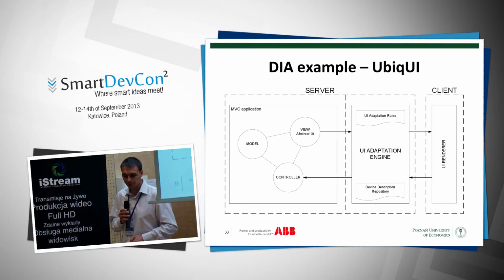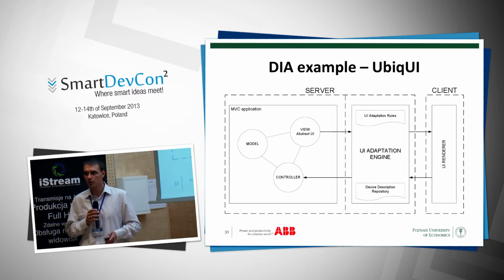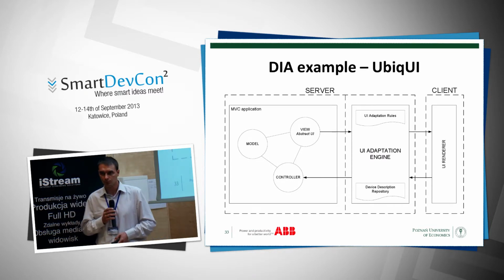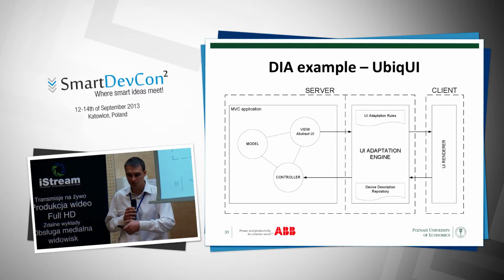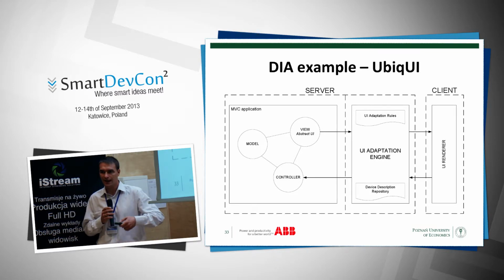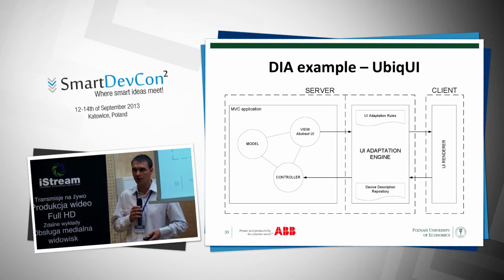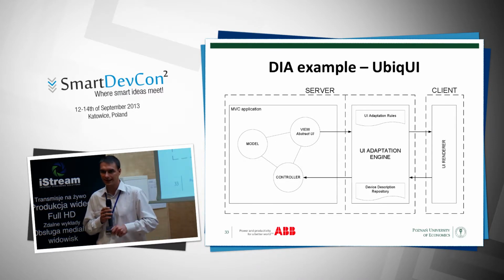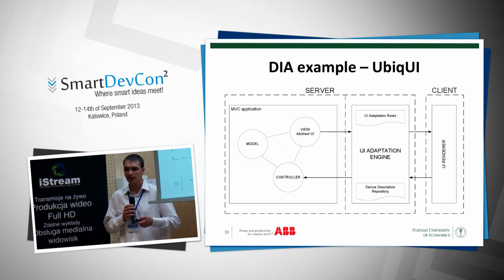Another example is a ubiquitous project we do for ABB, where we are researching UI adaptation middleware in terms of how to describe a UI in an abstract way, how to build generic, universal UI adaptation rules, again, that are business agnostic, so they can be used for any application, again and again.